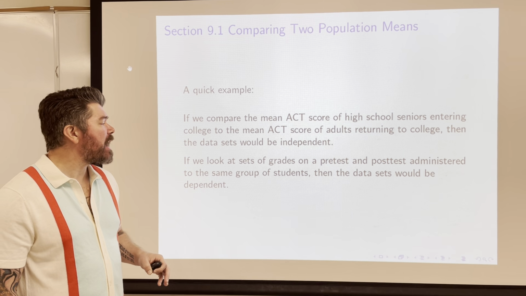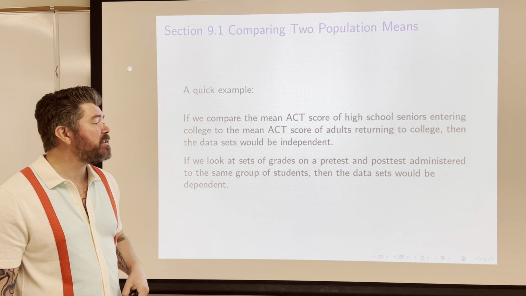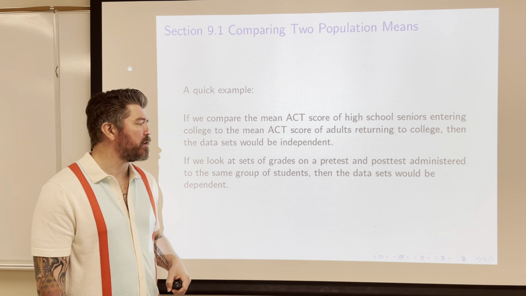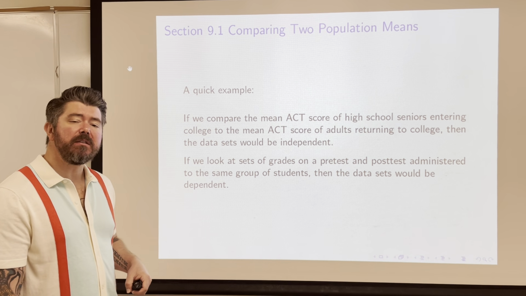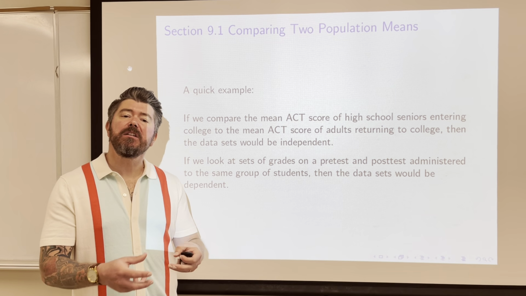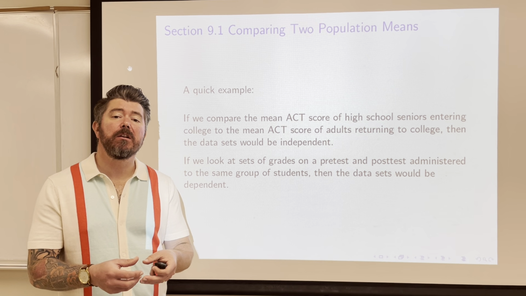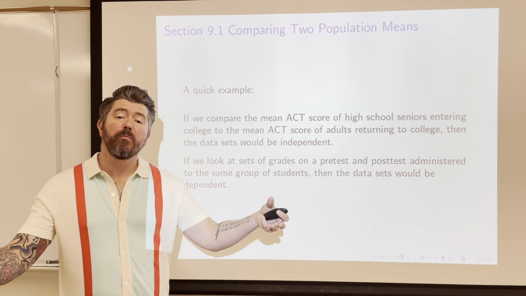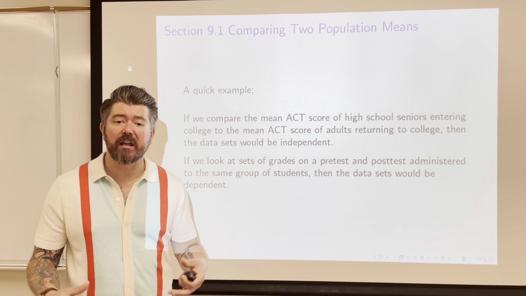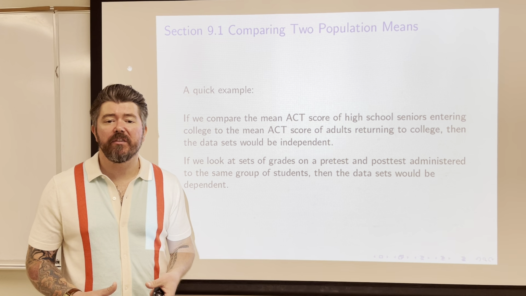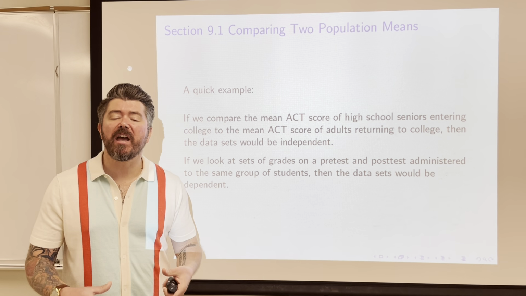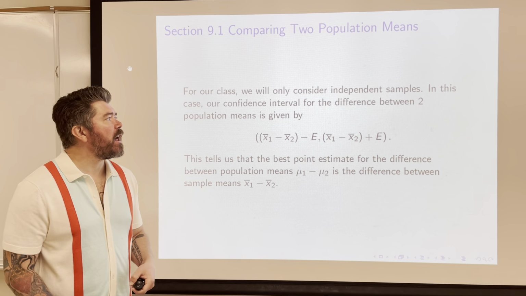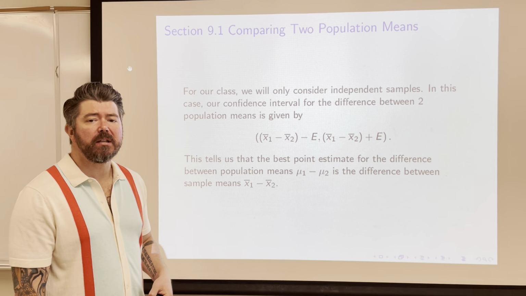However, if we look at sets of grades on a pre-test and post-test administered to the same group of students, then the data sets would be dependent. This is because each student has an associated pre-test score and post-test score. So we can think of this as paired data. Each individual in the sample has two data values associated to them. For our class, we will only consider independent samples.